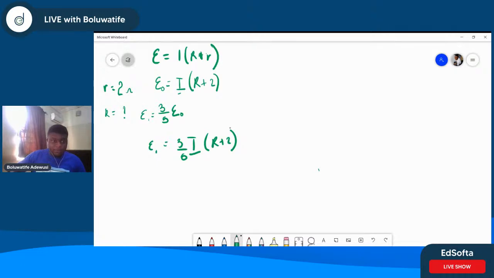Looking at this, comparing the two of them, I just simply cancel out my current. So what I'm left with is 3/5 brackets R plus 2. If I open the brackets, what I have is 3/5 R plus 6/5 small r.